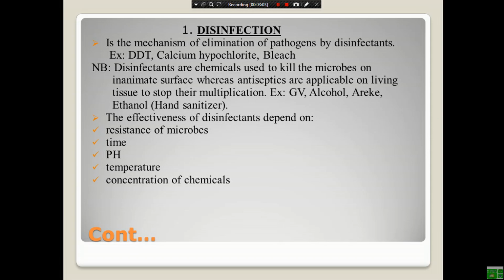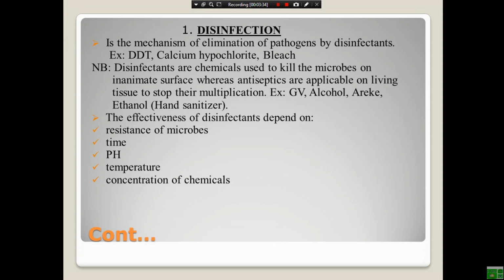Disinfectants are applied on non-living surfaces, whereas antiseptics are applied on living surfaces. Examples of antiseptics are gentian violet, alcohol, areke, ethanol, or hand sanitizer. Now, for coronavirus or COVID-19, we use hand sanitizer, one of the antiseptics mainly used on our hands.